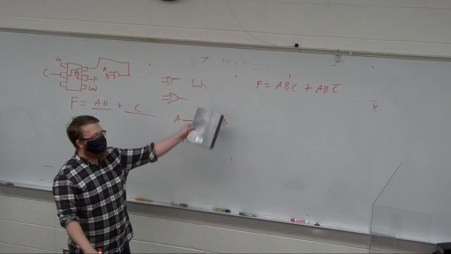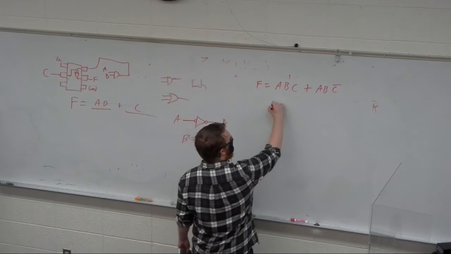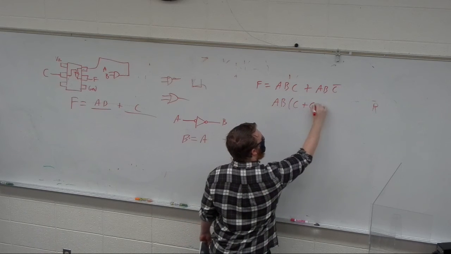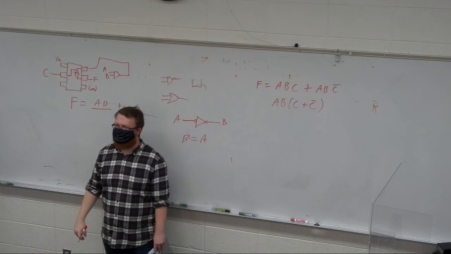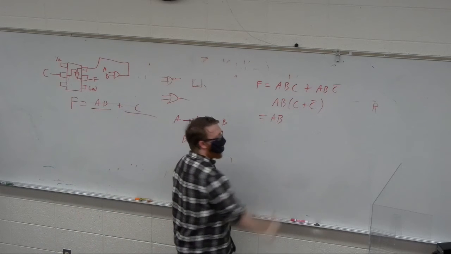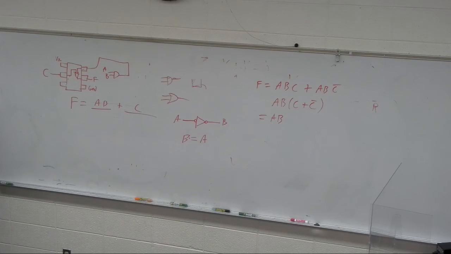It would probably be a little harder than these ones, right? So this one, you would just factor it out. And then C or C bar is what? 1. Right. De Morgan's law will be on there.